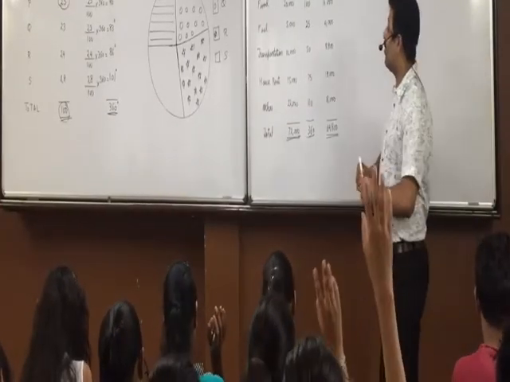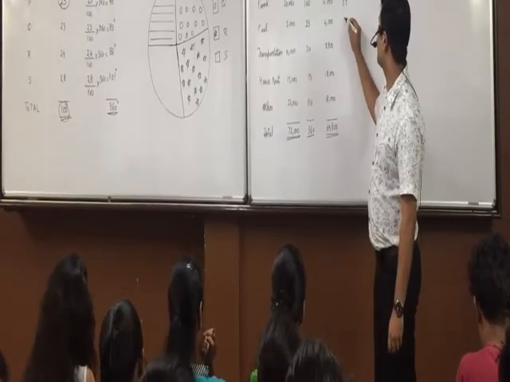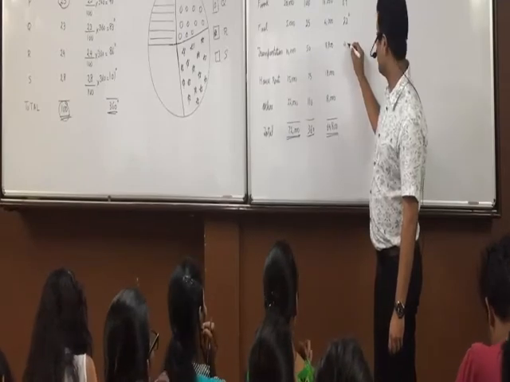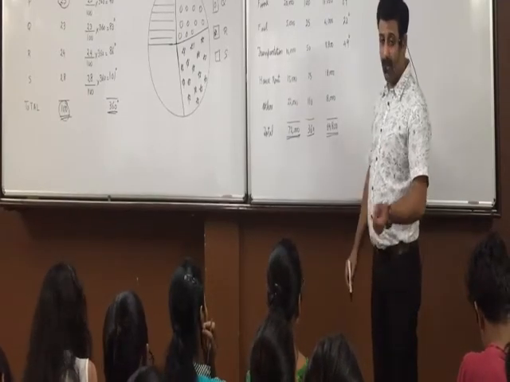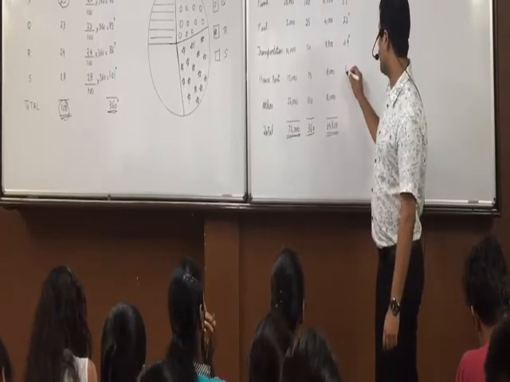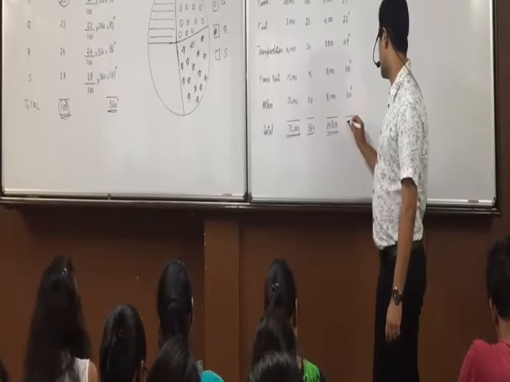What is it coming to? 89 degrees? 22 degrees? 40? Exactly what is it coming to? 48.8, so 49. 100 degrees. Total 360.